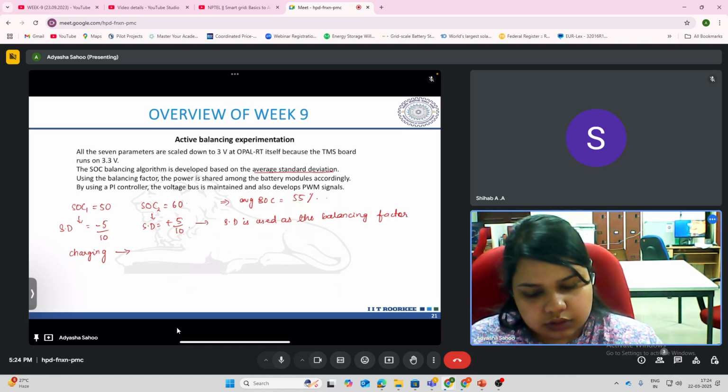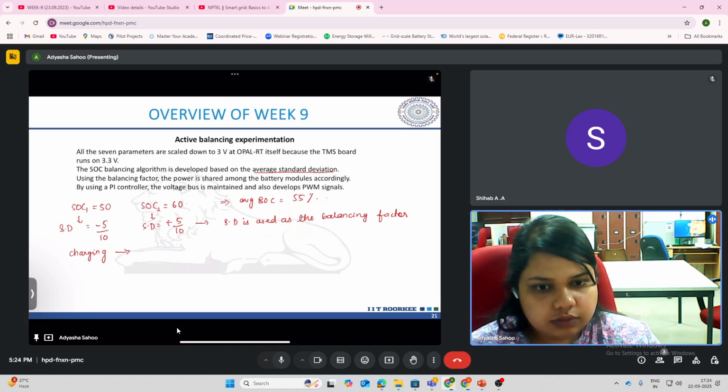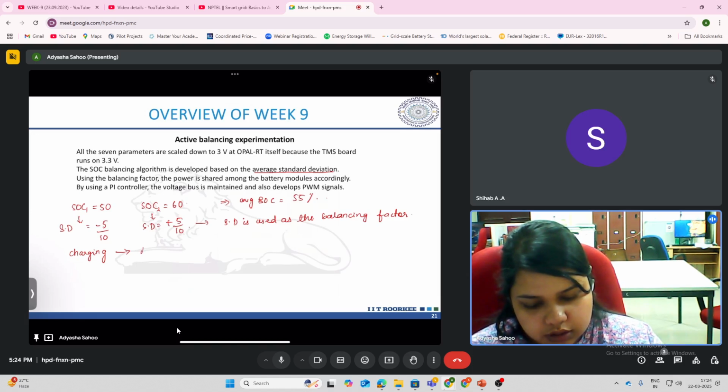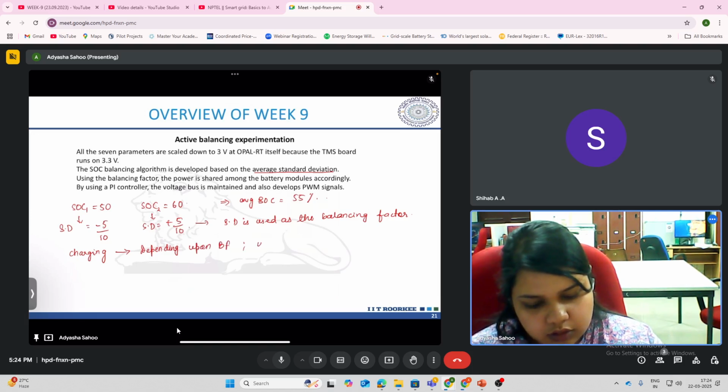Now, let's say you are charging the batteries. You control here the charging rate. So while charging, depending upon the balancing factor, you control the charging rate.